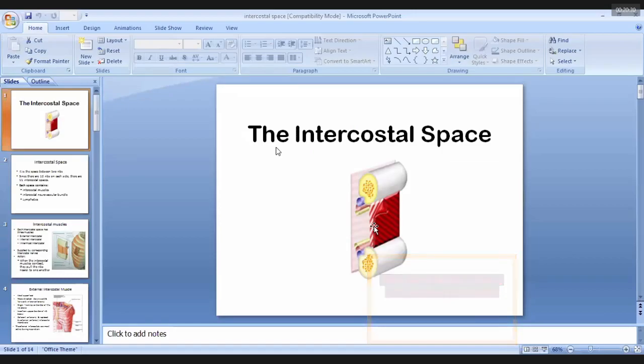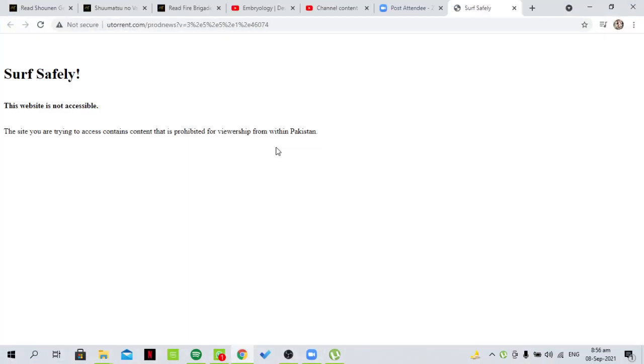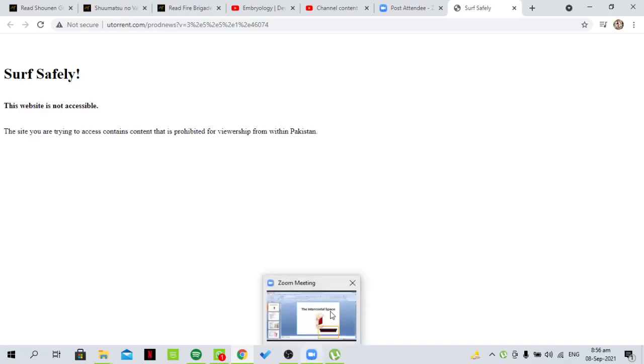The most superficial one is the external intercostal, then the middle one is the internal intercostal, and the innermost is known as the innermost intercostal muscle. The neurovascular bundle consists of the intercostal arteries, intercostal vein, and intercostal nerves. And the lymphatics are one of the contents of the intercostal spaces.